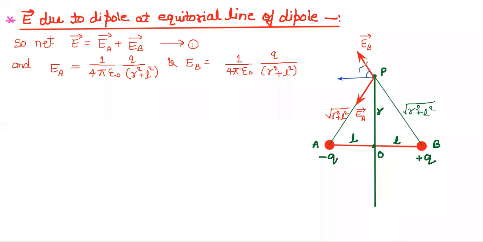Suppose this angle is theta. So by symmetry, this angle will also be theta. The component of EB along this line will be EB cos theta, and the component of EA will be EA cos theta.